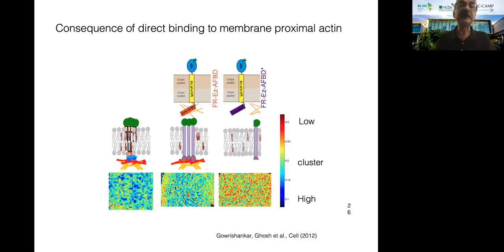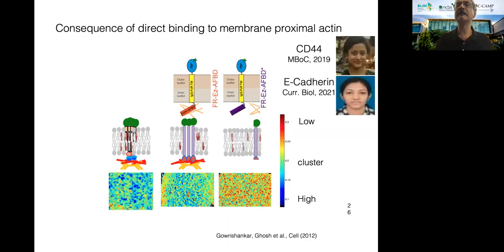That this was happening in the membrane of all living cells with endogenous molecules came from work from both Parijat and Ruma. I'm going to show you some work from Parijat because she took this and created a surface map of where these clusters are formed.